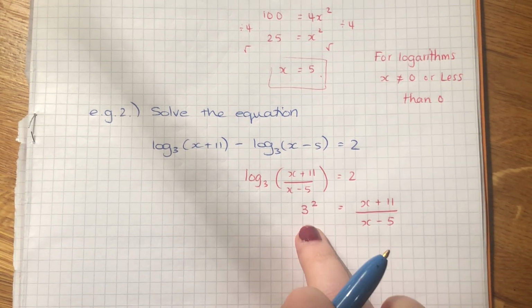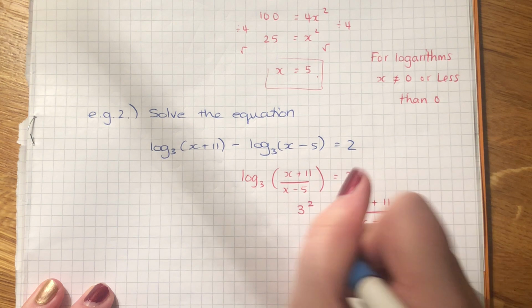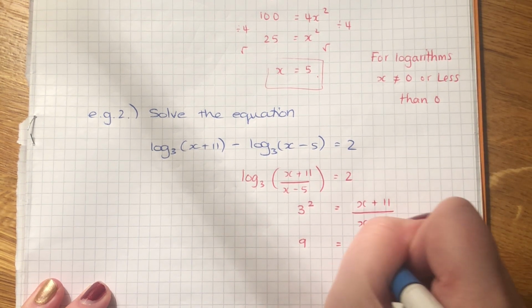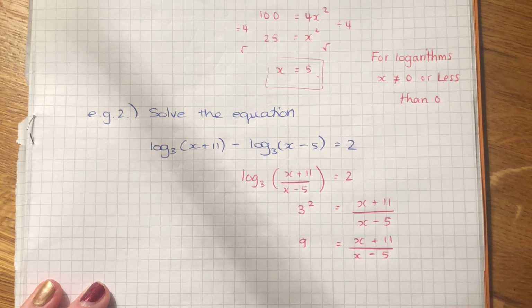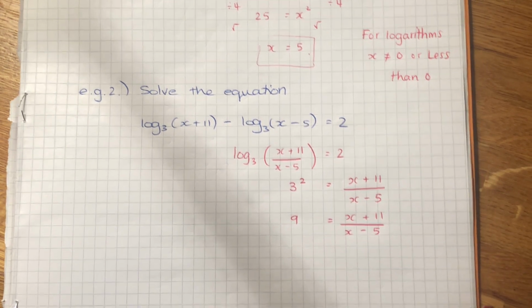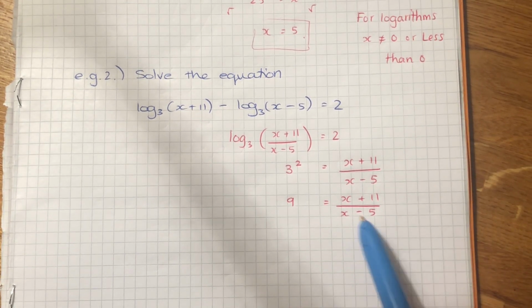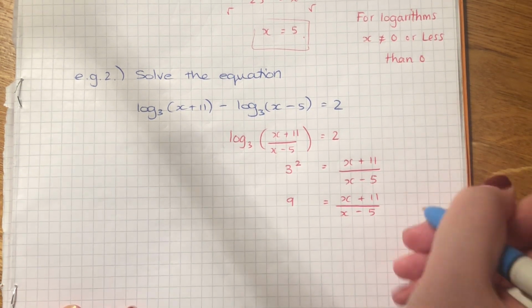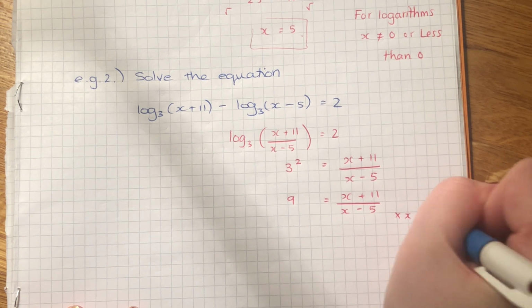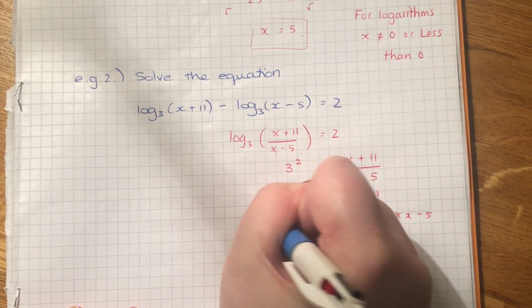Okay, so we are going to simplify that 3 squared, so it's going to be 9. Okay, and then you would just carry on and solve it like normal. So at the moment we don't want this fraction here, so we're going to multiply both sides by the denominator. So multiply it by x minus 5.